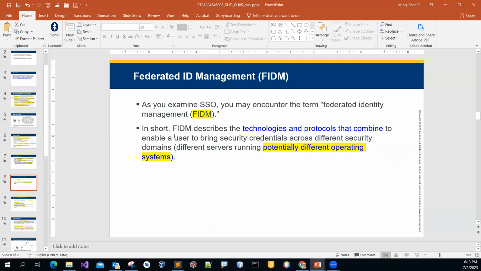So in short, FIDM describes the technologies and the protocols that are combined to enable a user to bring security credentials across different security domains, especially different servers running potentially different operating systems. Some might be running on Linux, some might be running on Windows.